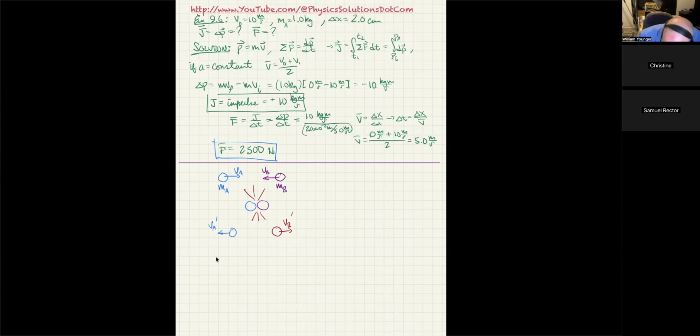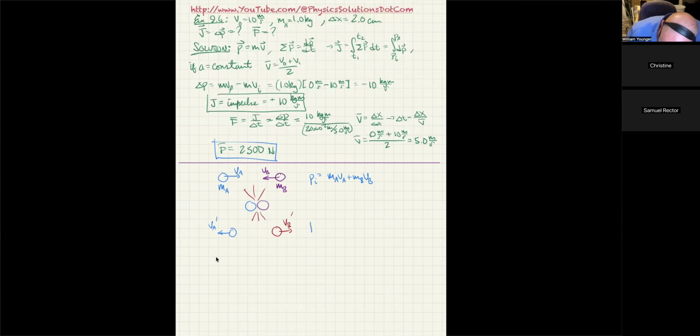Now, conservation of momentum would say the following. We've got P initial is equal to m_a v_a plus m_b v_b. Of course, if we were dealing with two dimensions, we'd have to write vector notation and take sines and cosines to find the x components and the y components. But in one dimension, this will all be covered by numbers and plus or minus signs. So there's the initial momentum.